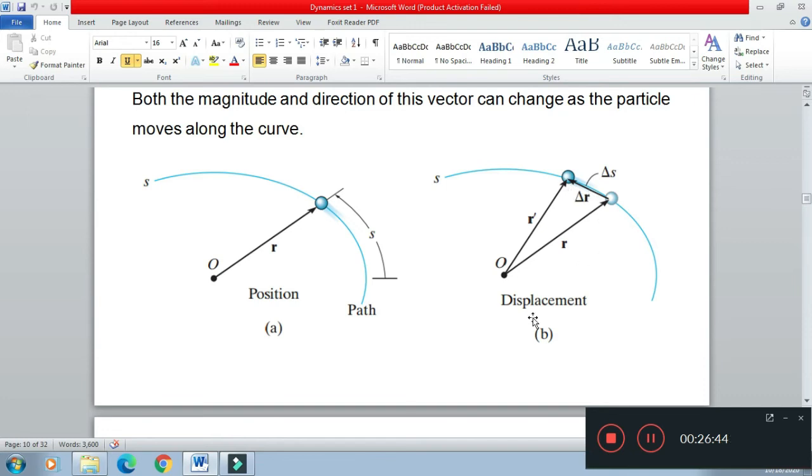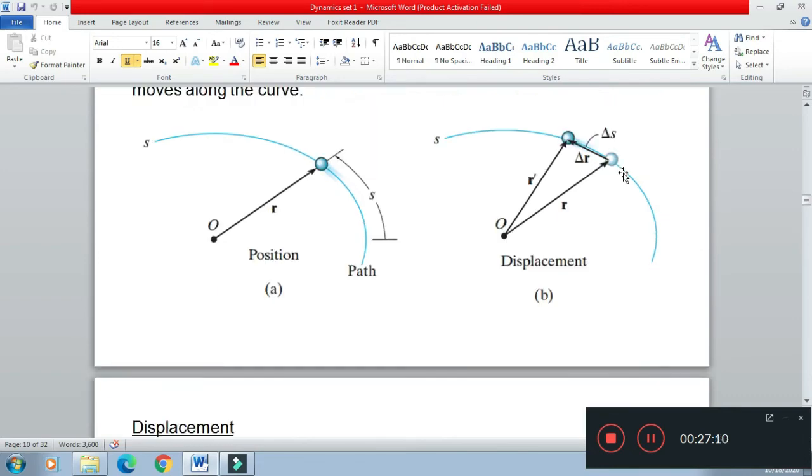So delta r will be the displacement. In addition, delta s is also shown. Delta s will be the distance. Since it is a curved path, the lengths delta s and delta r will be different. Delta r will be less than delta s because it is the displacement.